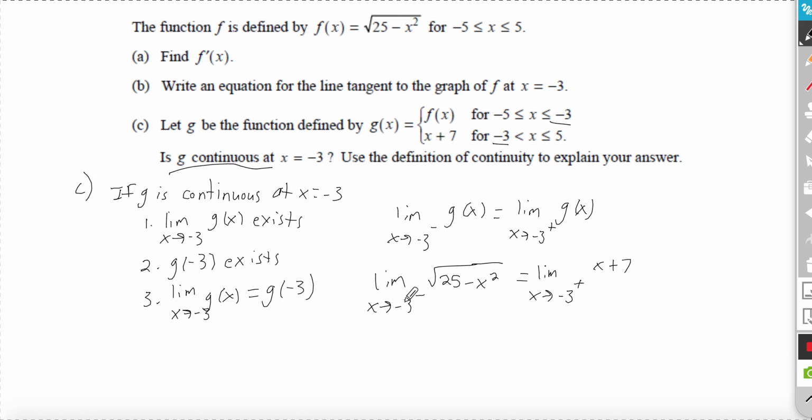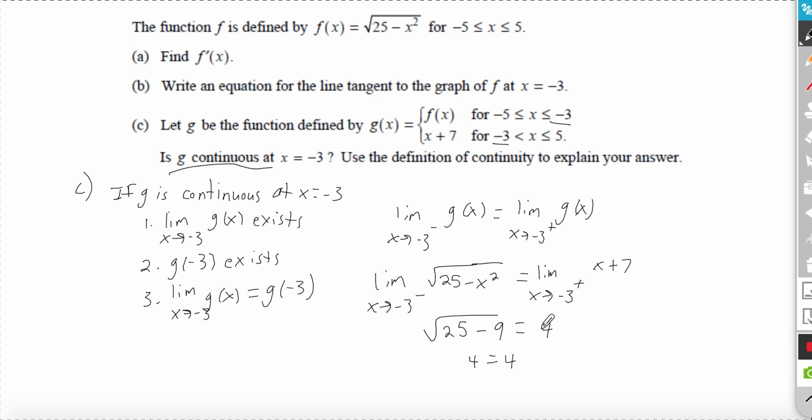So we just plug in -3. That would be the square root of 25 minus 9, which is the square root of 16, giving us 4. And -3 plus 7 also gives us 4.